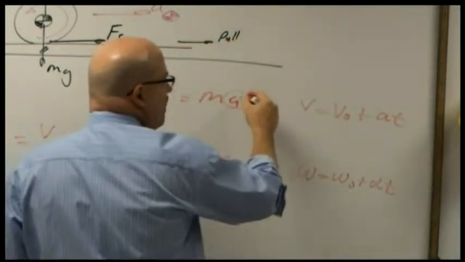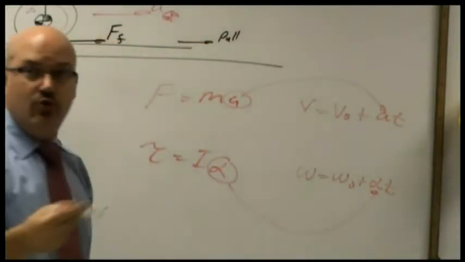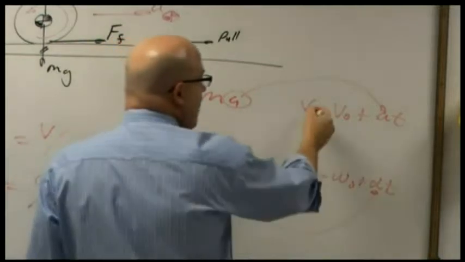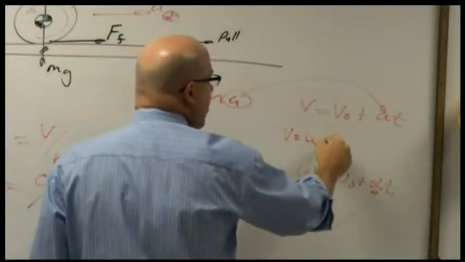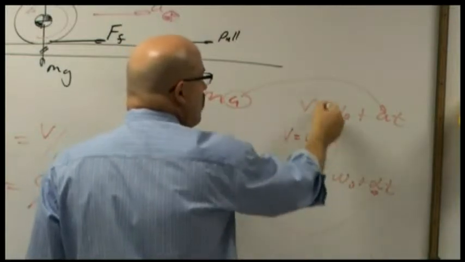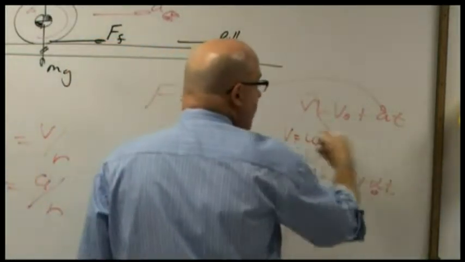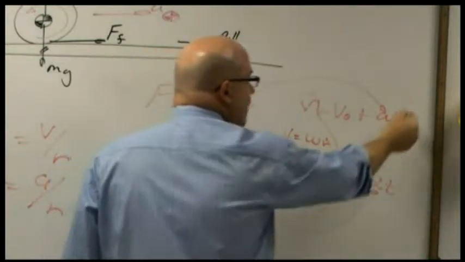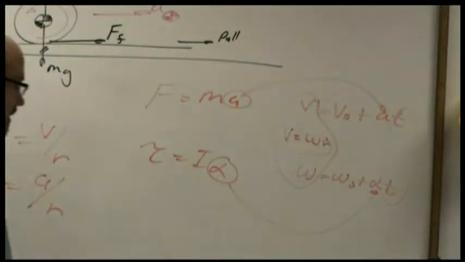You would plug this one in here, and this one in here, because that's the true accelerations of the objects. And then you would connect these two by v equals omega r. That's true when it rolls without slipping, right? You connect them with t, and this is true whenever that magical time is when it starts to roll without slipping.